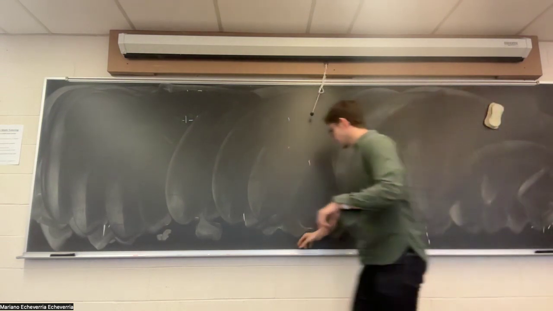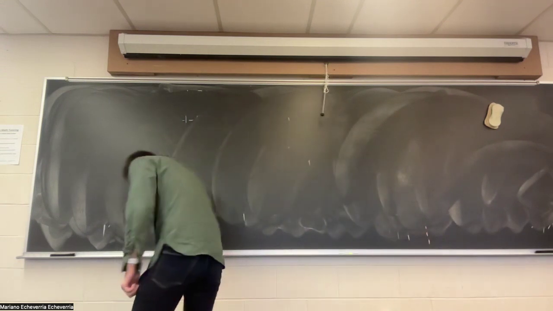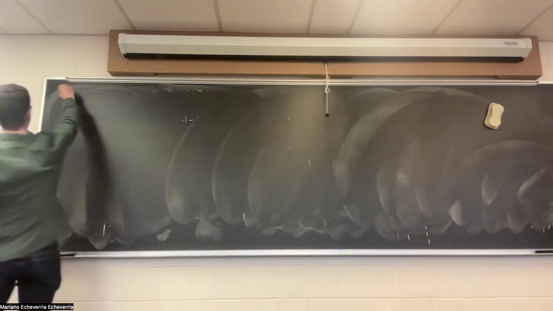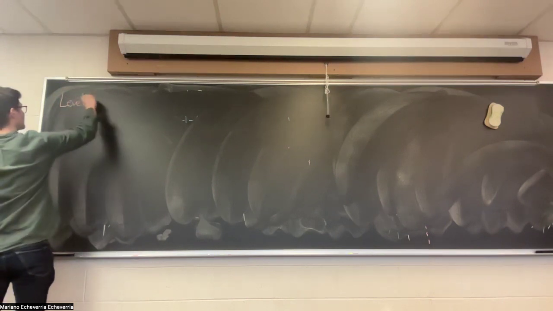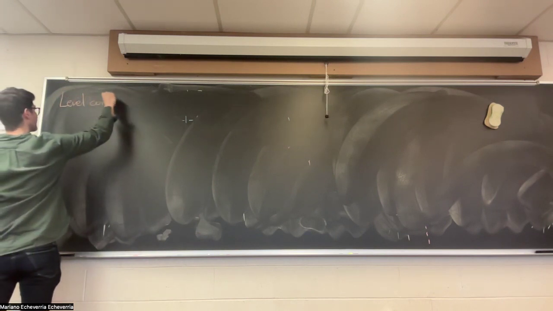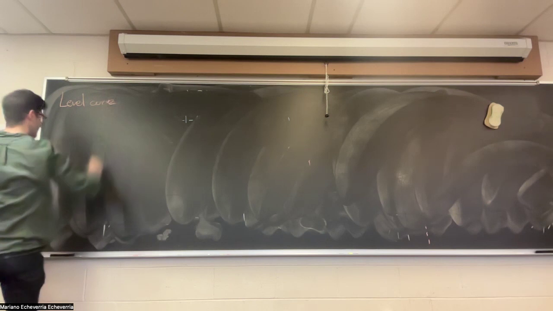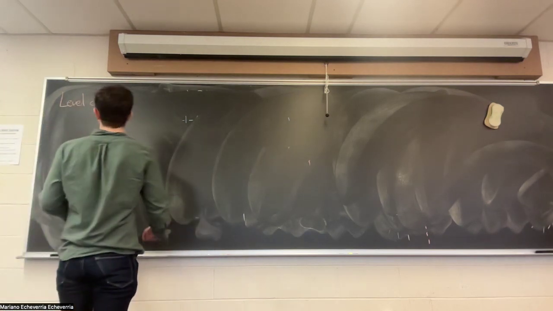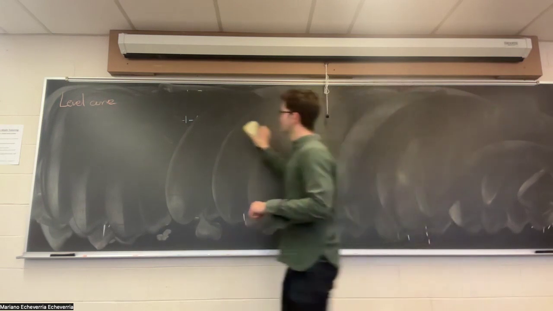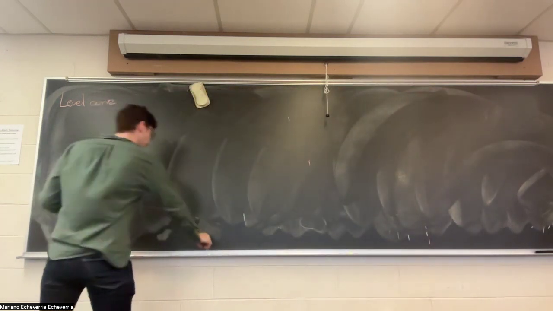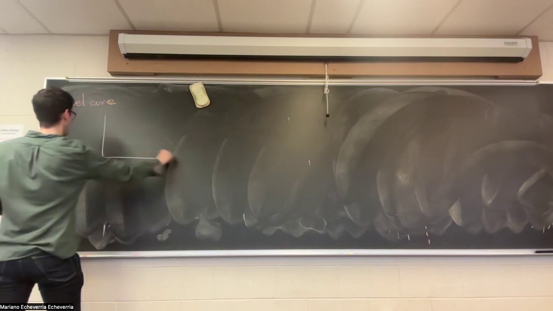What I'm trying to say is that you have a level curve. So you have the graph of the function f of x comma y.